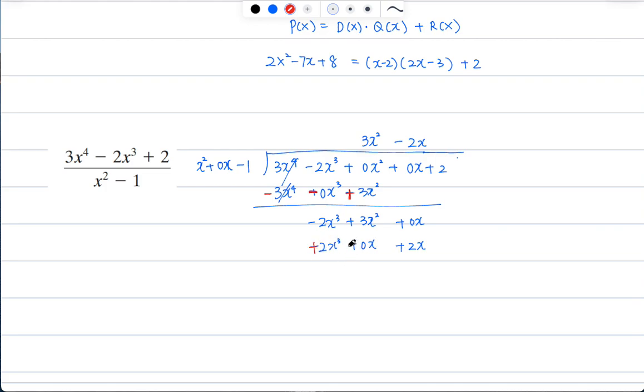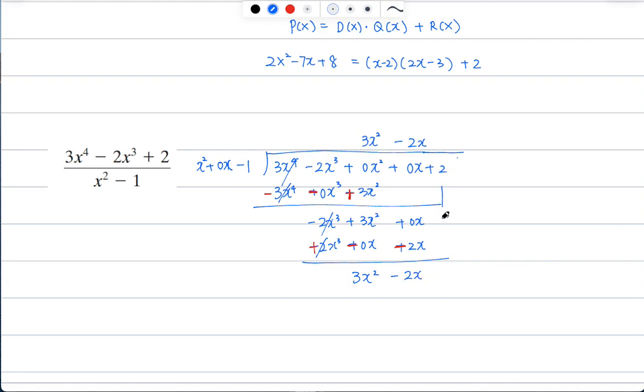The original 0x positive sign, I put negative. The original 2x, I apply a negative sign. Then do subtraction. These two cancel out. This will be 3x squared and then negative 2x.